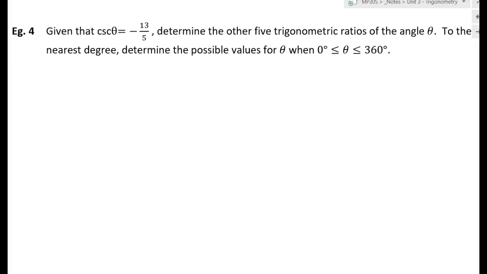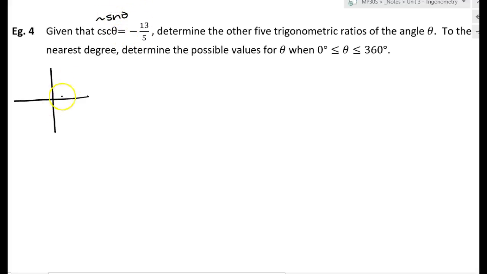Now this one is a little bit trickier. Given that cosecant, okay, so we're throwing that one in there again, is negative 13/5, determine the other 5 trigonometric ratios to the nearest degree. Determine the possible values. So we are looking at cosecant being negative, and remember cosecant is related to sine, which means sine is also negative.